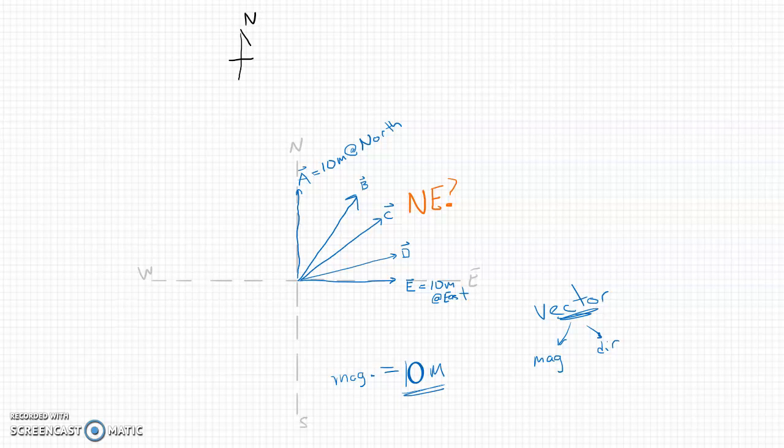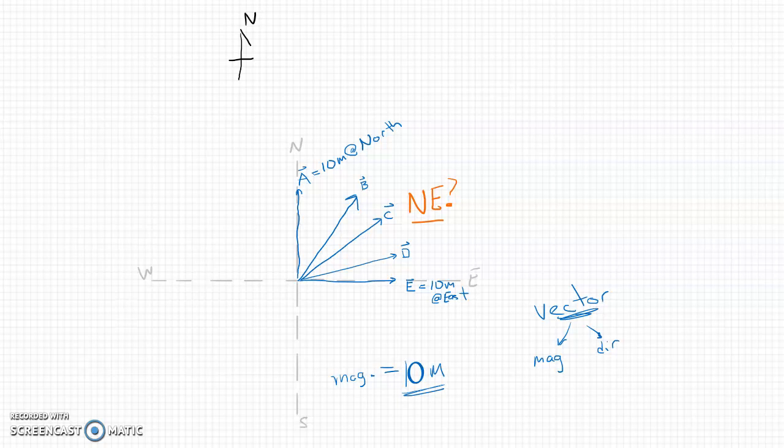To consider this, I want you to think about what it actually means to say northeast. Northeast is a very specific direction. Northeast is exactly halfway in between the north and the east. So only one of these vectors would actually fit that bill.